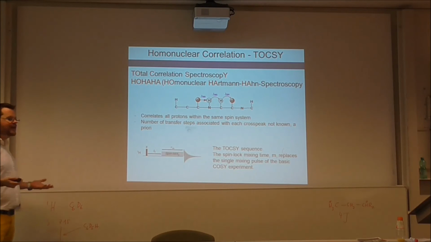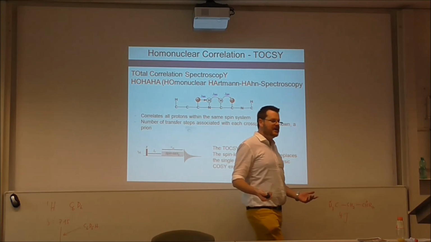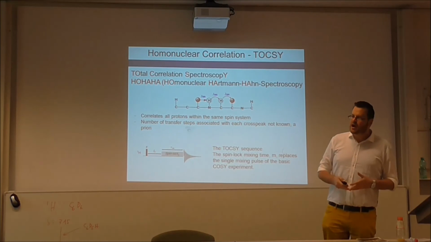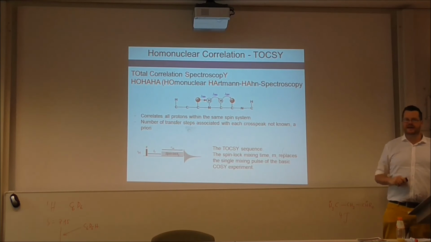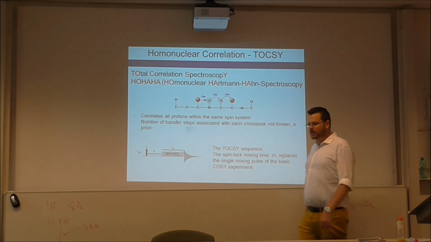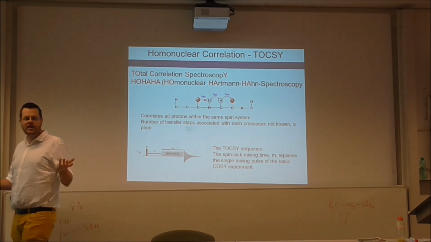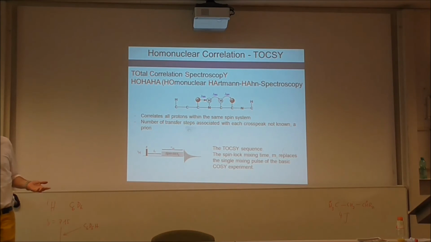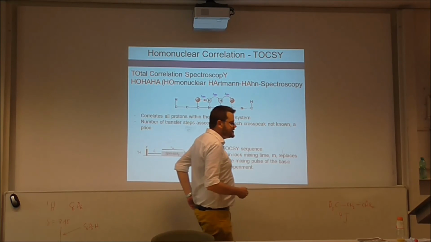So you can invent new pulse sequences and new NMR experiments. Say, for example, if you want to look at the correlation between a proton and a phosphorus atom, but only see the J3 correlation and not anything else, you can write a pulse sequence to do that in principle. You can do anything. All right, so that's TOCSY.